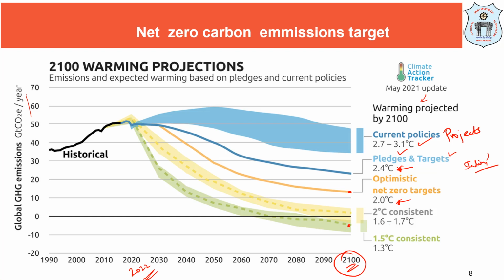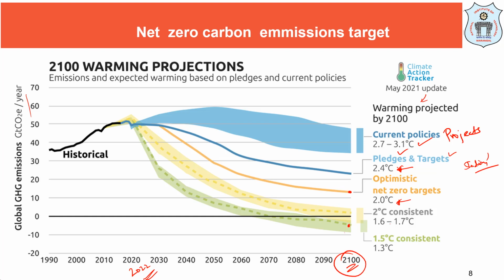If we maintain 1.5 degrees Celsius consistently, then we can have a projection which can go down up to 1.3 degrees Celsius. So these are the different scenarios. When we are 100% successful, we will be able to reduce it drastically, but if we are at least 50% successful in our target, we will be able to reach this. So that is the target.